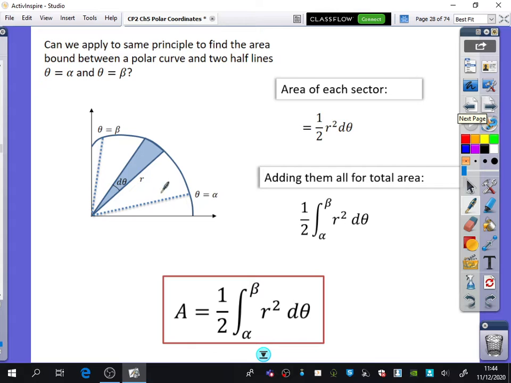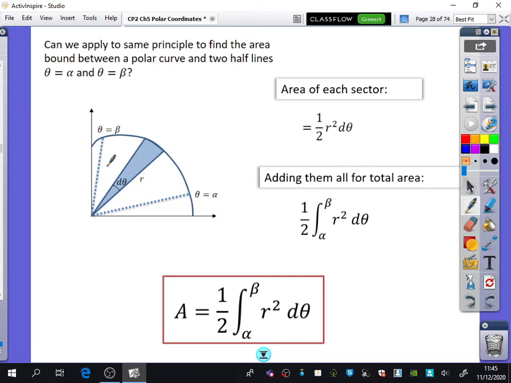We have the length and then we have the angle that it's being rotated. So we think about this as being a sector of a circle. The idea is that this little d theta would become so small, like the thinnest slice of cake or pizza you could ever imagine, and you infinitely add all of those up together.